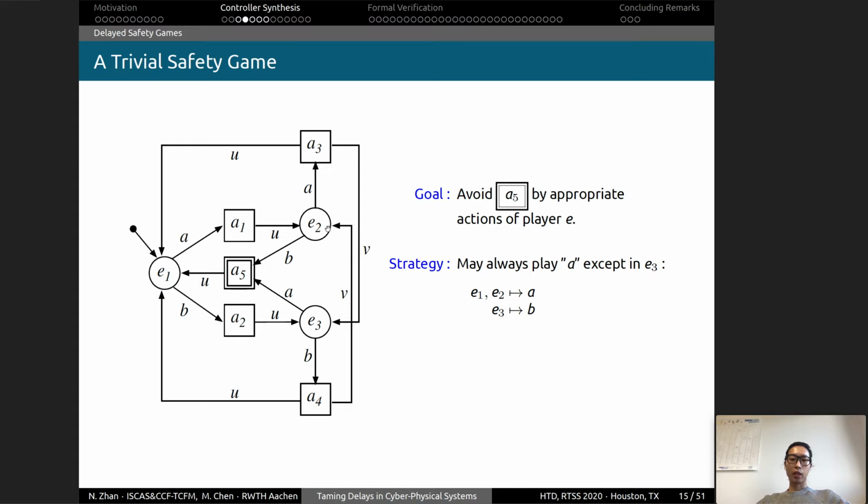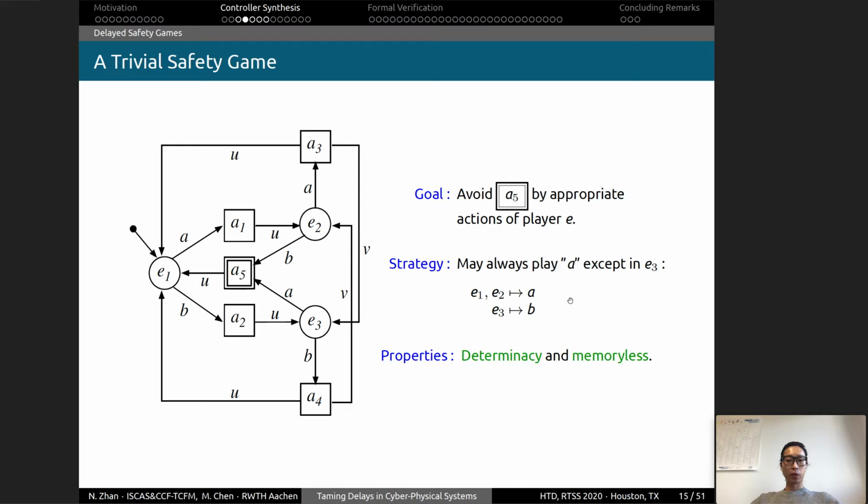In this setting, again, according to the strategy, we have to choose action A. Now we go back to A3, and again, player 2 doesn't have much choice, so we will end up in E1 again. And by playing according to this strategy, player 1 will never visit A5, right? So this is a winning strategy for player 1.